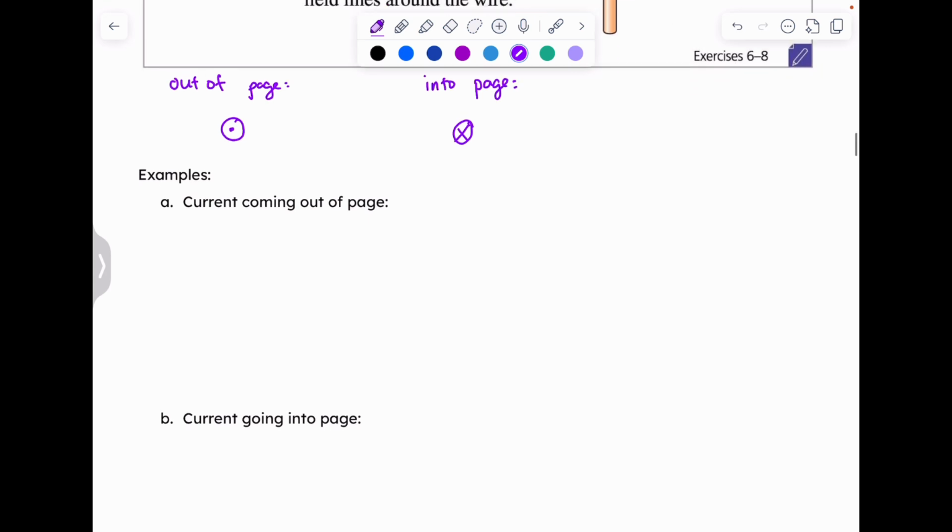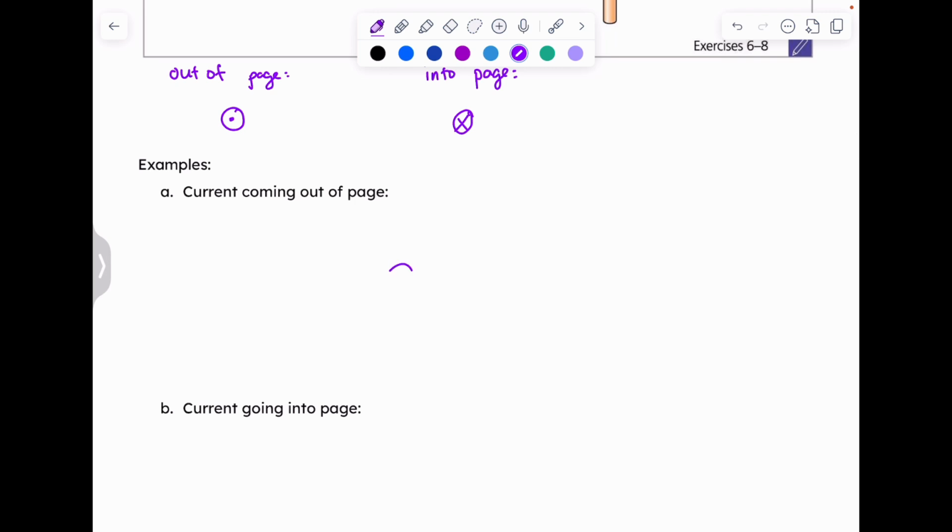So if I have a current coming out of the page, I line up my thumb on top of my paper and going up. That would be the current coming out of the page. And then my fingers are going to curl around counterclockwise.